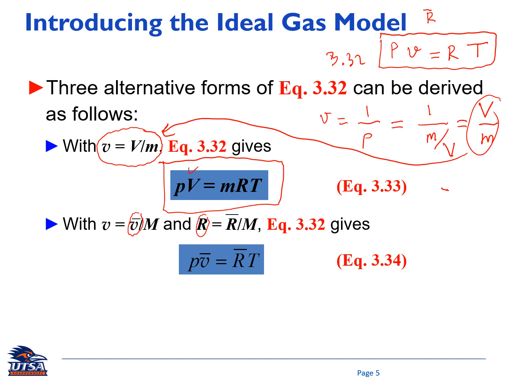Here R equals R over bar, which is per molar basis, divided by the molecular weight, capital M. If we substitute both v and R, then we will get equation 3.34: P times v with the over bar equal to R with the over bar times T. R with the over bar here is the universal gas constant, which is 8.314 kilojoule per kilomole Kelvin.